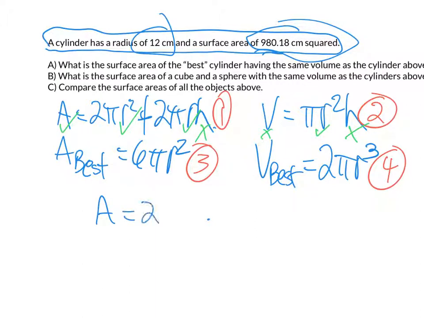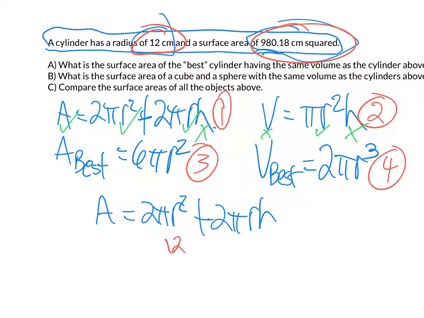Area equals 2 pi r squared plus 2 pi rh. And I know that the radius is 12 centimeters and the area is 980. So everywhere I see radius, I can replace it with 12: 12 squared there, and r is 12 there.